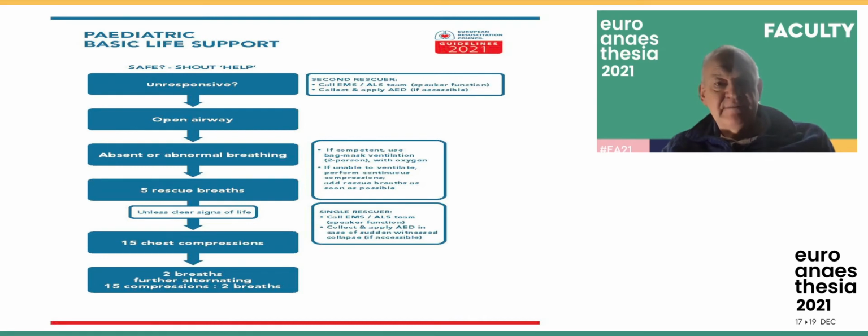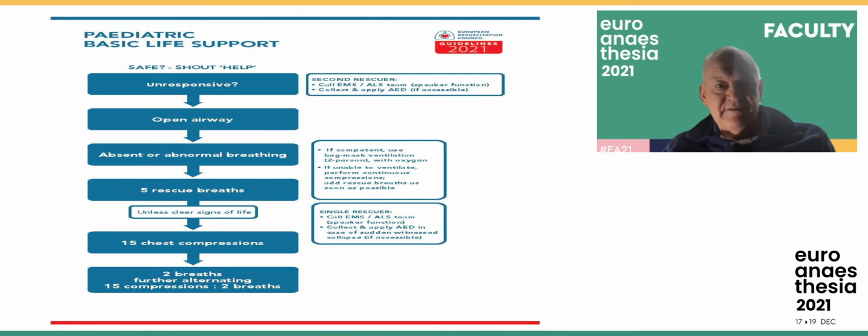The second person may also go off to collect the nearest available AED if it is accessible, noting that relatively few paediatric basic life support events are directly of cardiac origin. However, again, AEDs may well help provide further instructions at scene if, for example, a call dispatcher is not available.